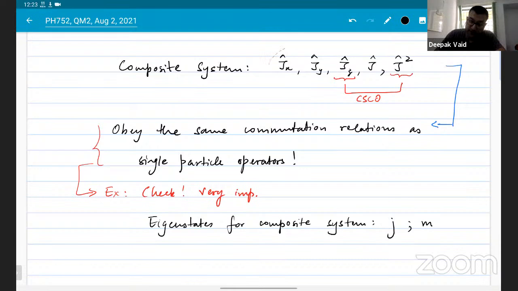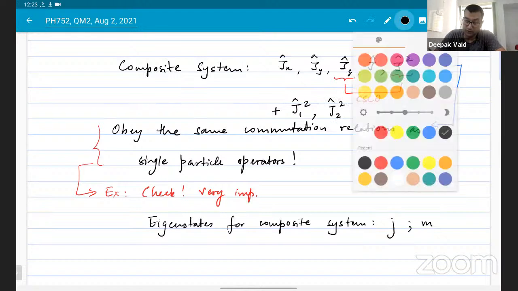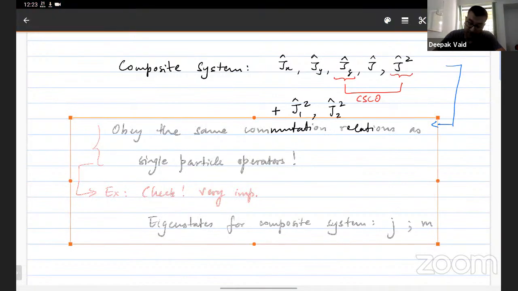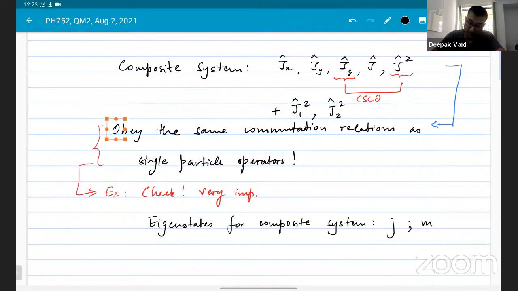So this set is not complete yet. We have to include j1 square and j2 square. If you don't include these operators, it is not complete.